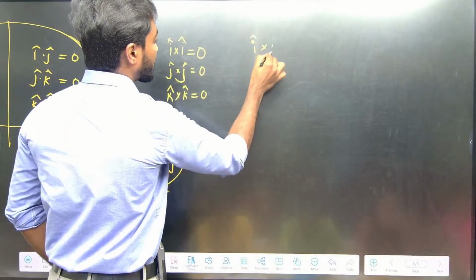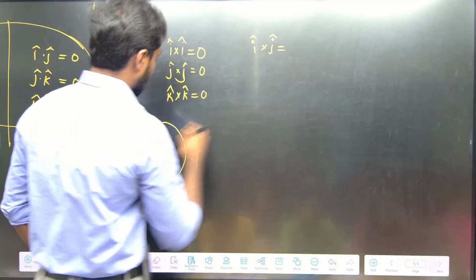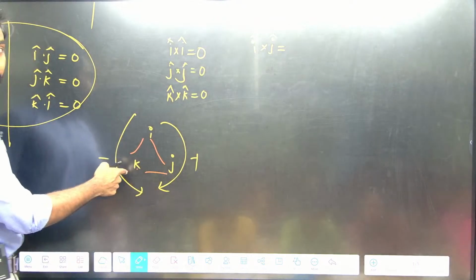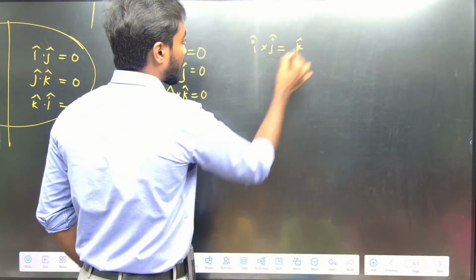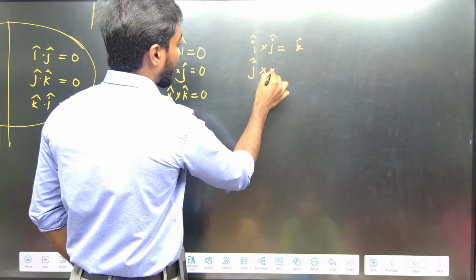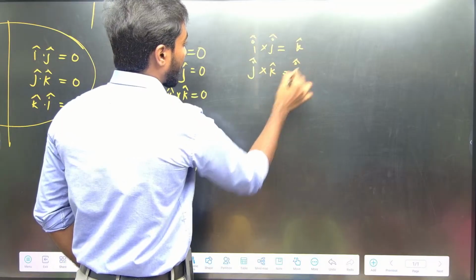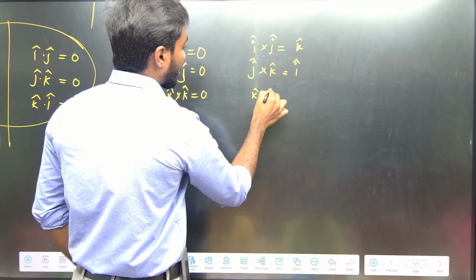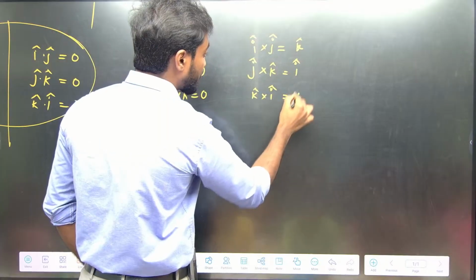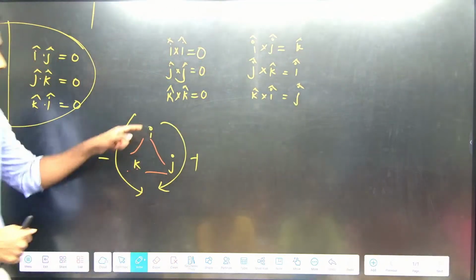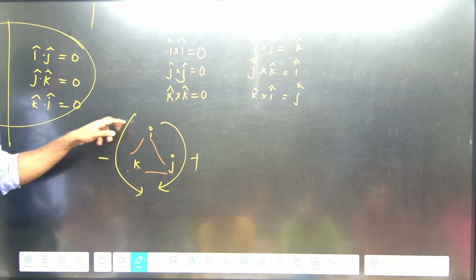i cross j, resultant will be k. j cross k, resultant will be i. k cross i, resultant will be j. I have gone in this direction, the clockwise direction.